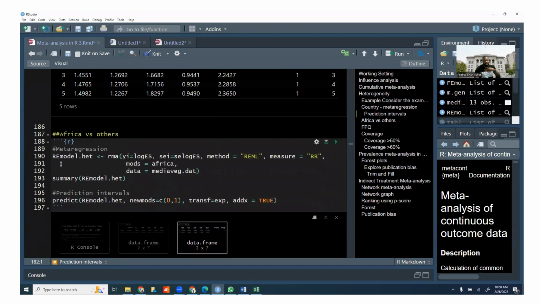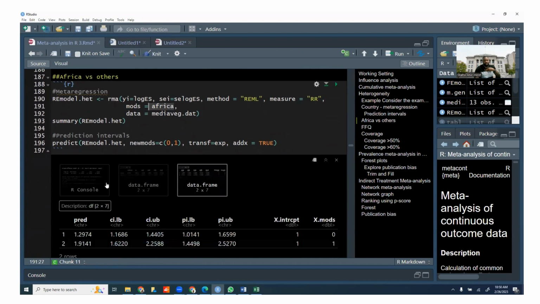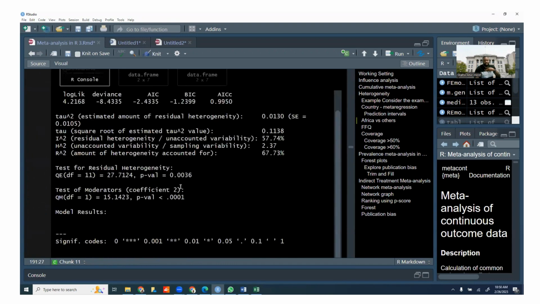So for instance, this is Africa, and we're doing meta-regression and the prediction interval in the same code chunk. If you run this code chunk, we can see that the moderator here, the p-value here, is significant, which tells us that there is something different between studies conducted in Africa versus studies that were conducted elsewhere.